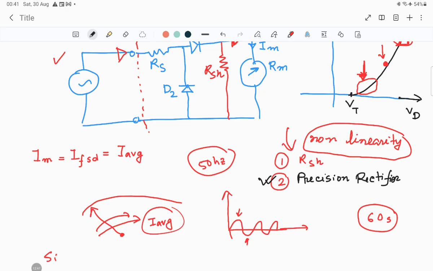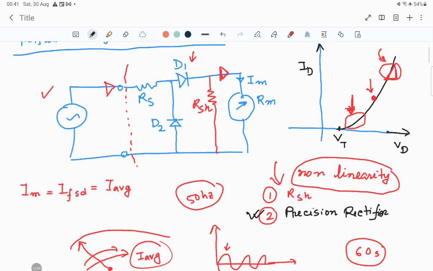Now, if you look into the voltage drop of this diode and the current that is flowing through the diode in this particular portion, that is the voltage range lower than the threshold voltage. When we are trying to utilize these sorts of devices with this diode rectification model, you cannot work with a signal where your applied input voltage is lower than the threshold voltage.